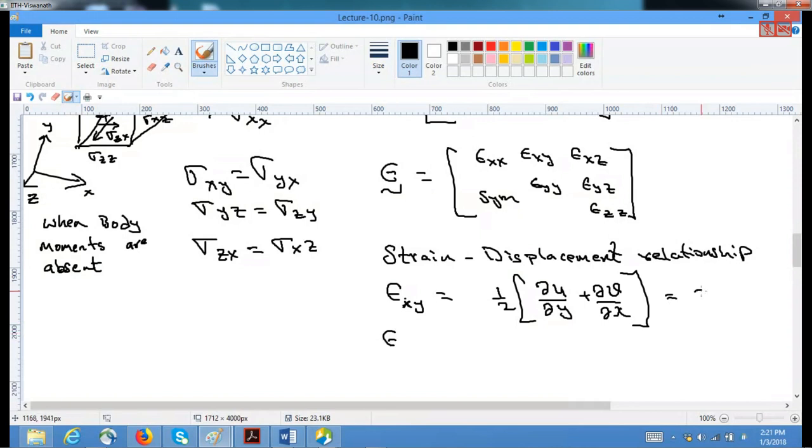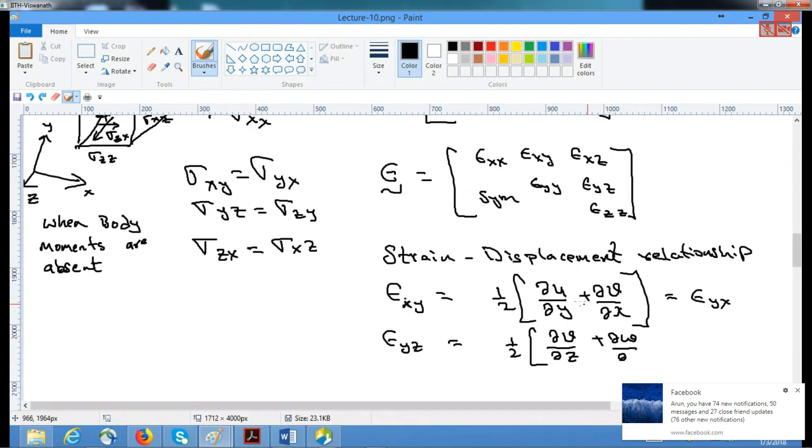Epsilon yz is equal to 1/2 (dou v by dou z plus dou w by dou y).